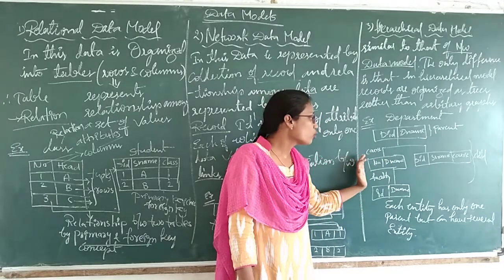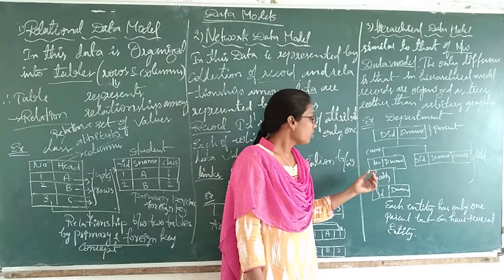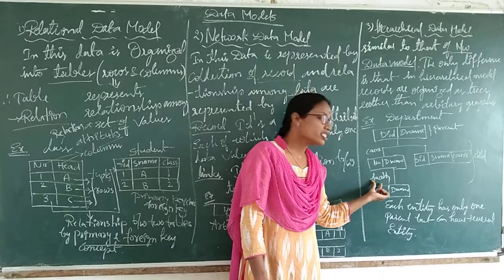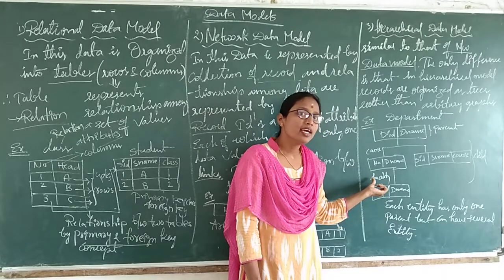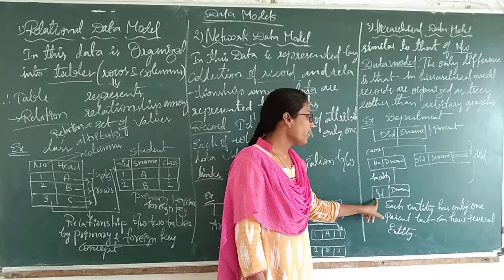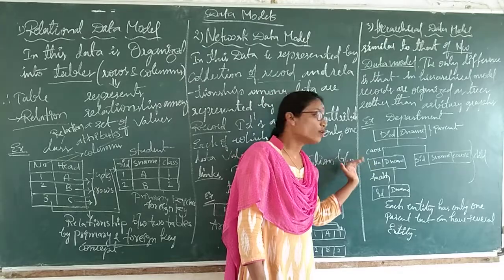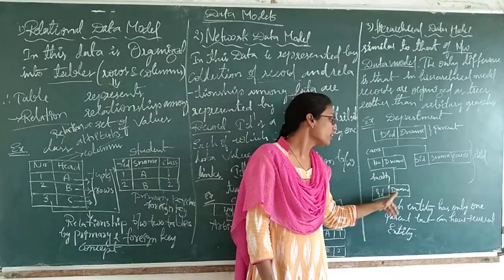And next this course is dealing with the faculties. Faculty is an entity. That entity is having attributes ID and a department name, where the faculty is working, in which department.